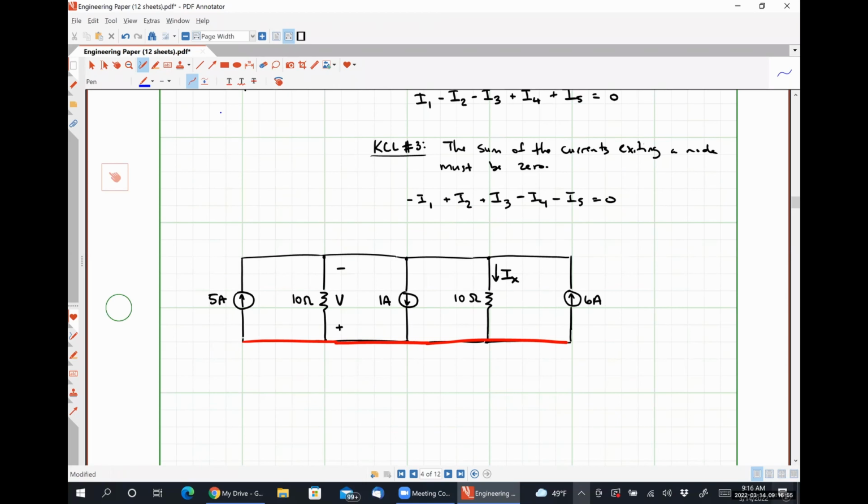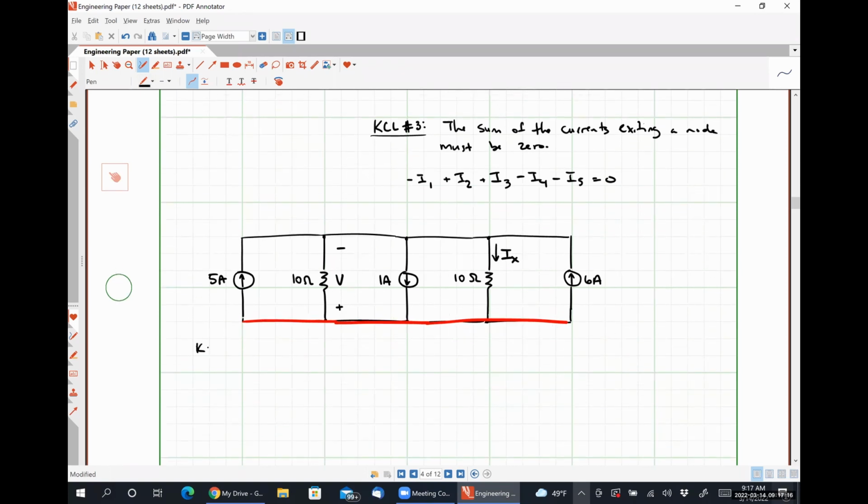Number 3 says we treat all of the currents as if they're exiting the node. Number 2. Okay, so number 2, we're looking at currents that are entering the node. All right, so I'm just going to write this down here real quick. KCL number 2 at bottom node.